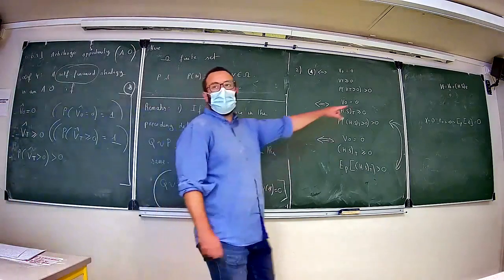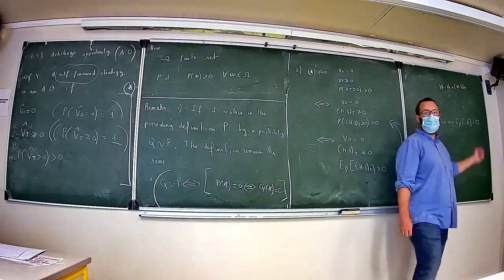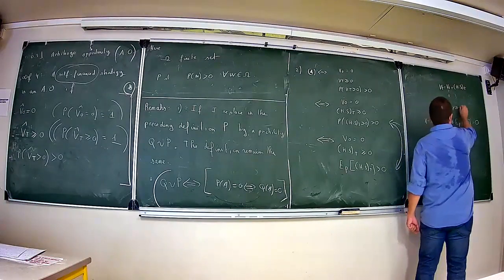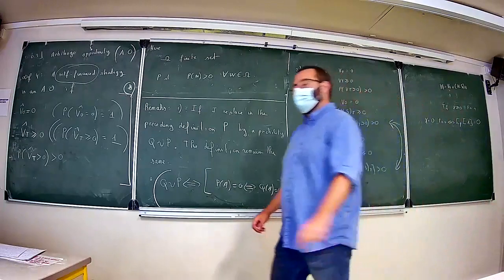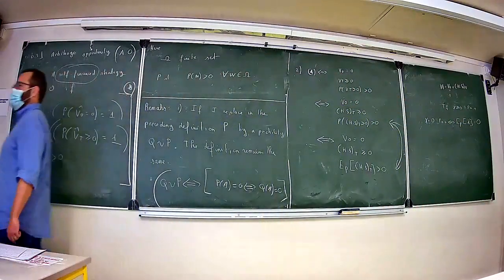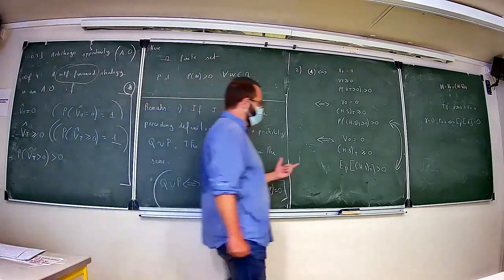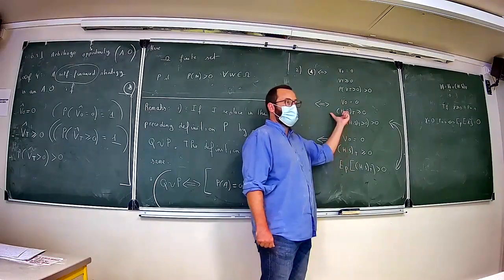If I want to have a general result, I need to impose the sign of capital X. For example, if X is positive P almost surely, then I have this: if I am positive, my expectation is 0, equivalent to I am equal to 0, P almost surely. It's exactly what I have here. I work with random variables that are positive.